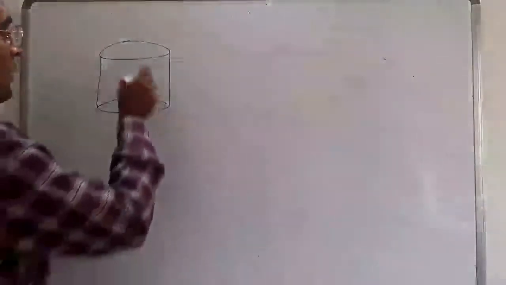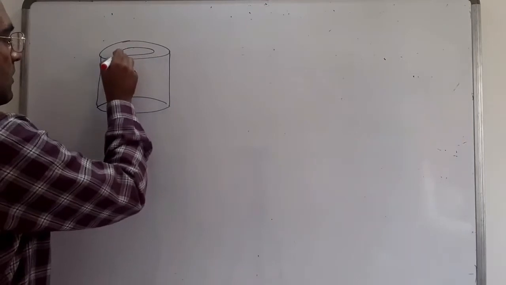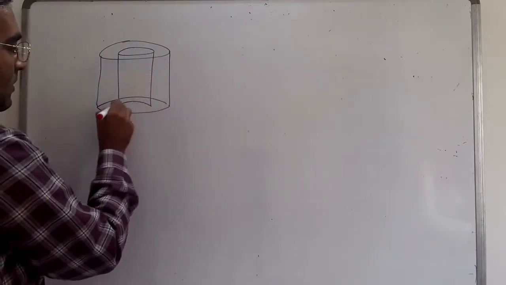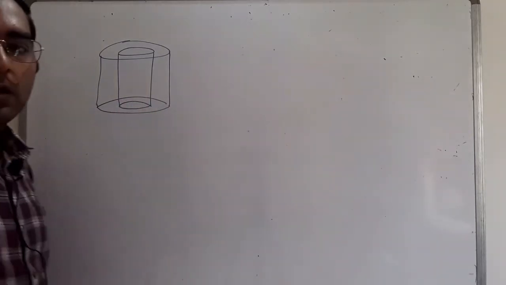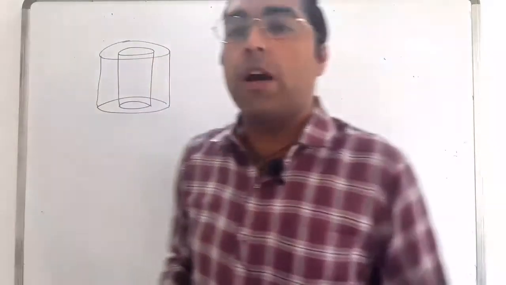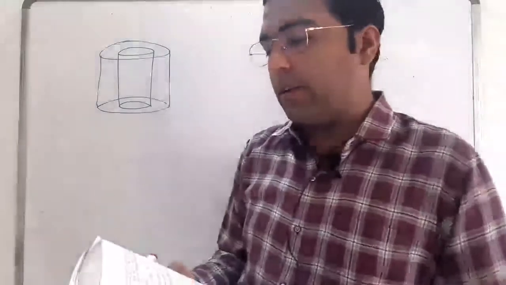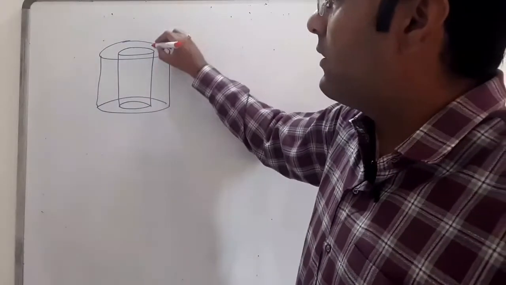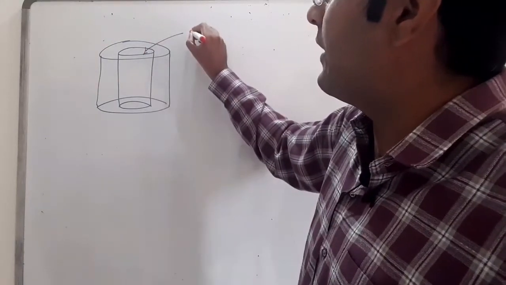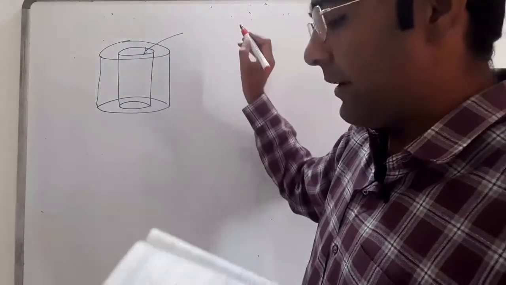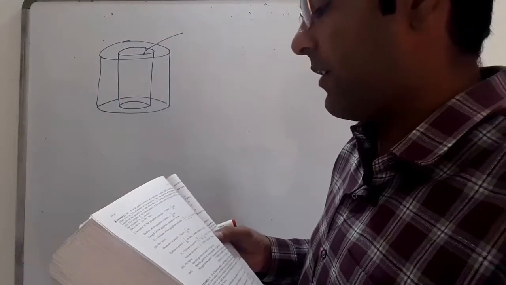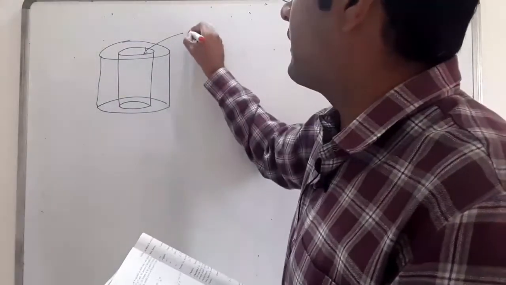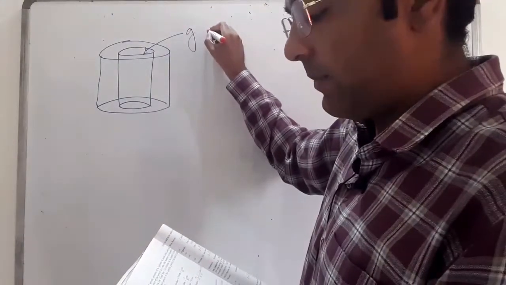Now they tell us that this cylindrical portion is the lead, there is graphite in the pencil.